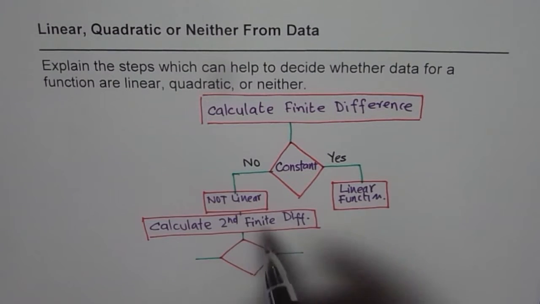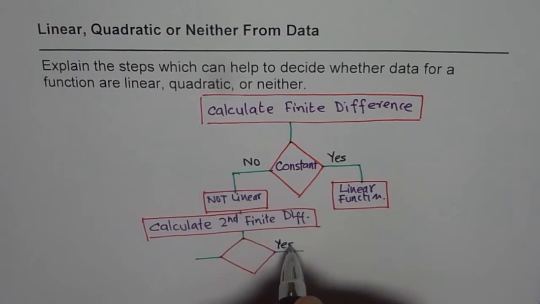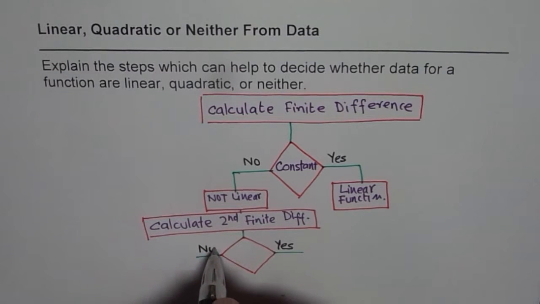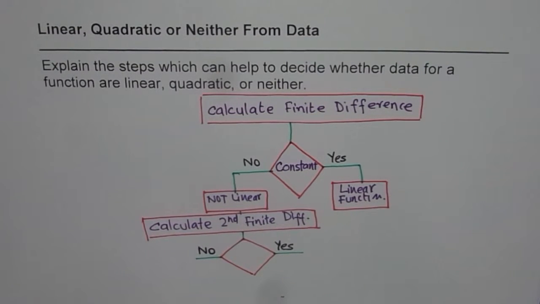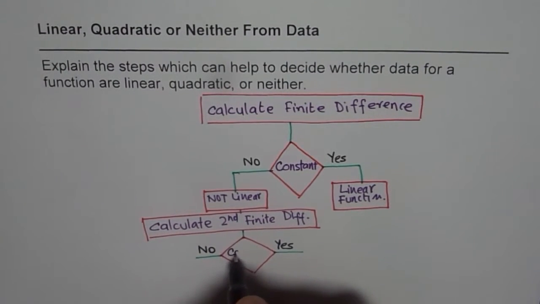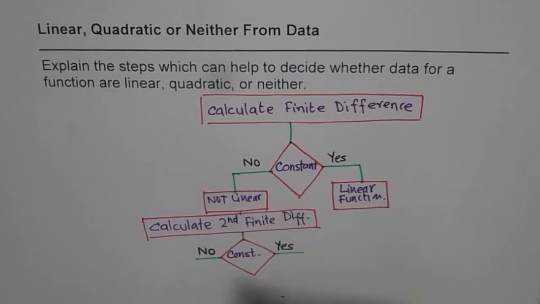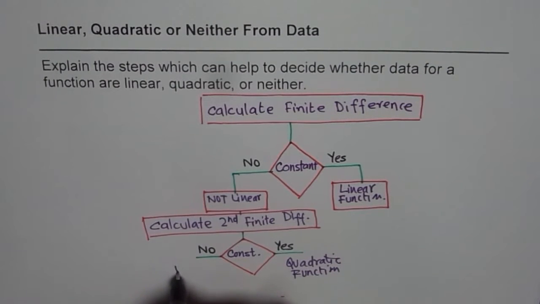If it is constant, then it is quadratic, otherwise it is neither. That is how you can figure out whether the given data represents a linear function, a quadratic function, or neither. If it is not constant, it is neither.